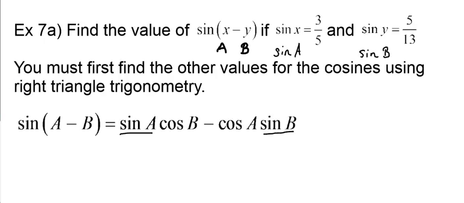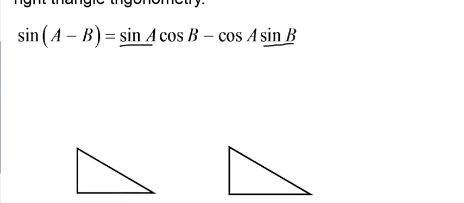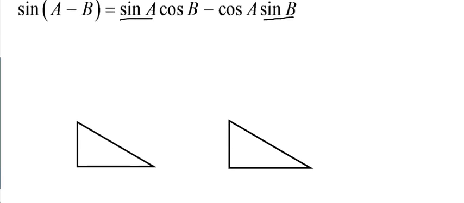In order to find these two things, we are going to use right triangle trigonometry. So we're going to draw two right triangles. So one is over here and the other one's over here. The two angles that we're dealing with are A and B, so I'm going to put an A right here and I'm going to put a B right there.